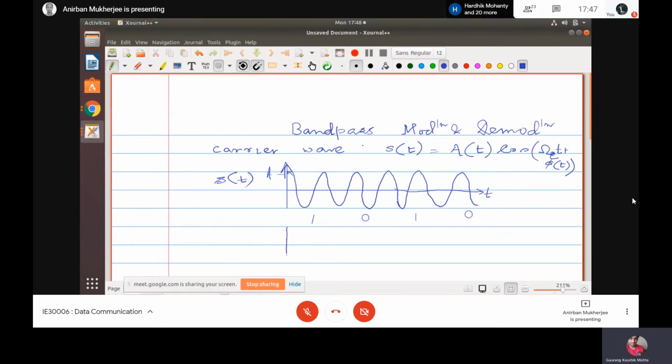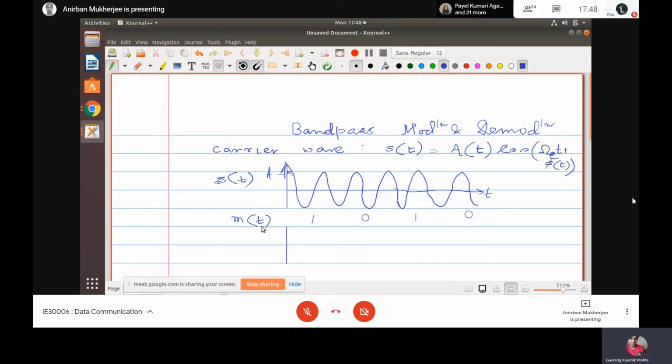Say 1 means some two full sinusoids, 0 means again two full sinusoids, and 1 means the signal is present. That means this is my modulating signal that we want to transmit.